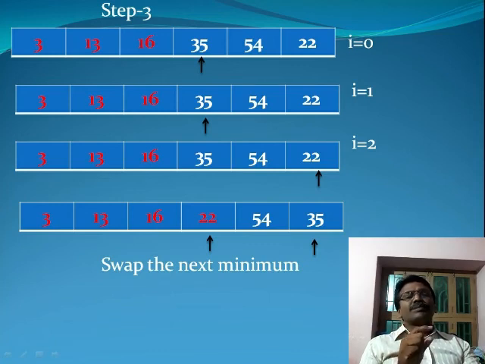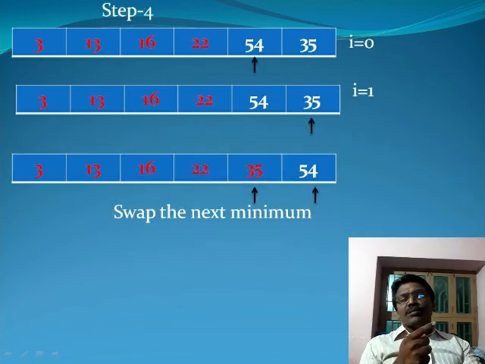Step 4. Now start with the fifth element, that is 54. Initially i equals 0. 54 is the first minimum value. Second iteration, i equals 1. a of 1 is 35. It is compared with the previous minimum value.